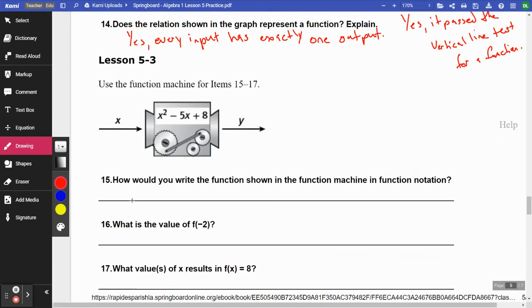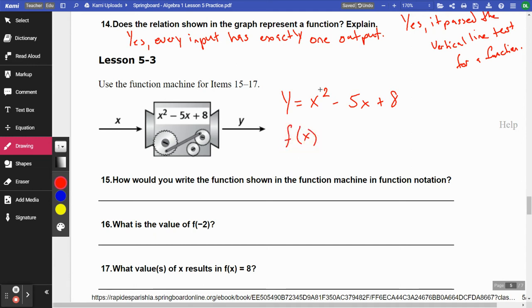Lesson 5.3, use the function machine for items 15 through 17. How would you write the function shown in the function machine in function notation? Function notation is something that we just went over in 5.3. Instead of saying y equals x squared minus 5x plus 8, we can call a function and identify it by naming it. We can call it f of x.